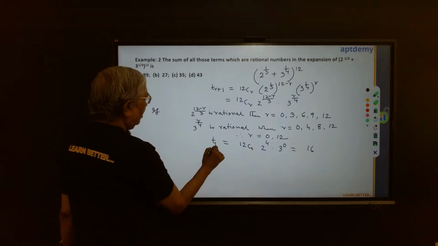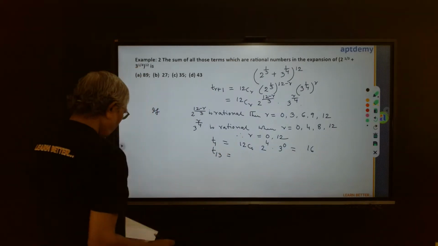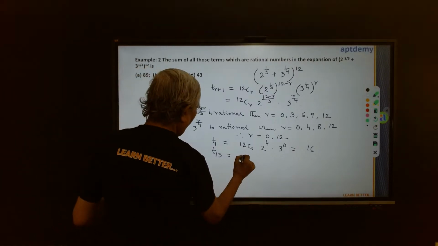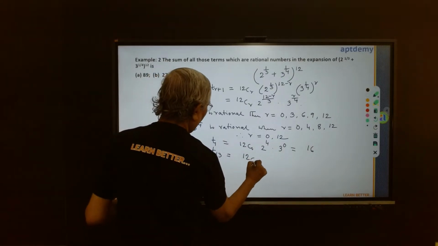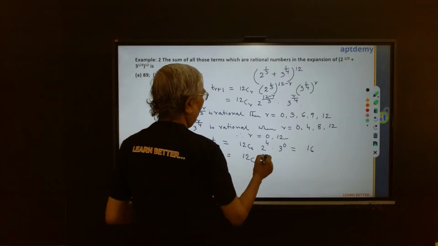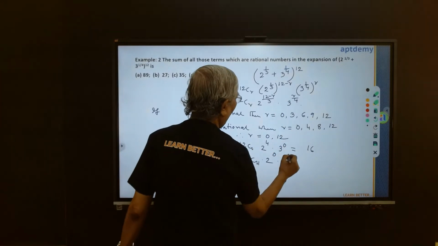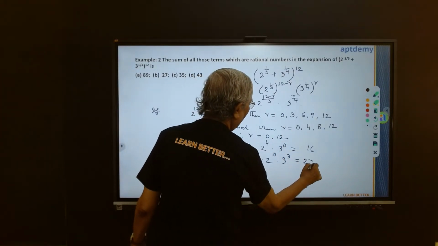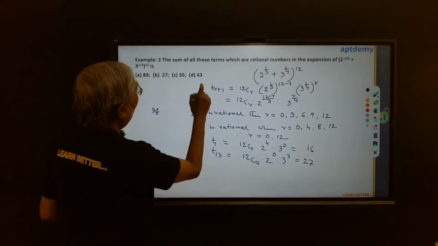So this is our T13, that is equal to 12C12, 2 to the power 0 into 3 to the power 12 by 4. This is our 27.